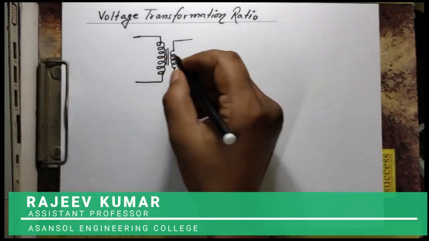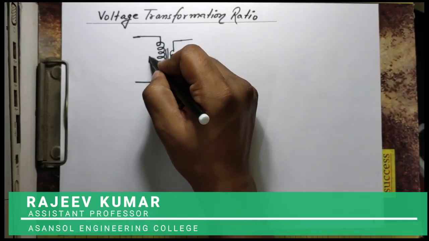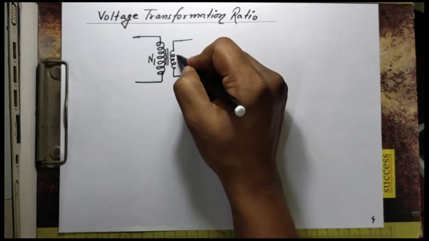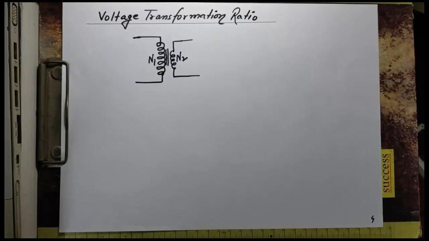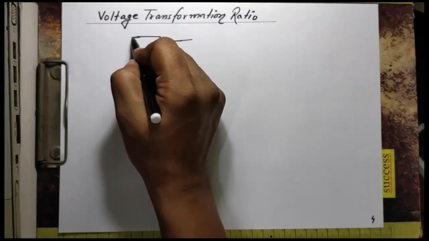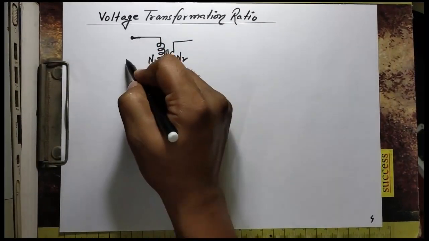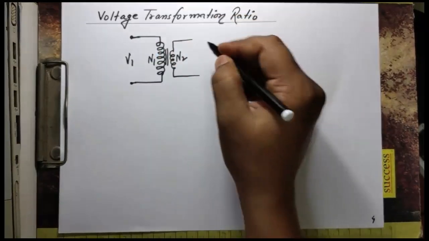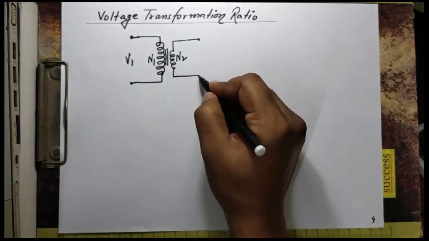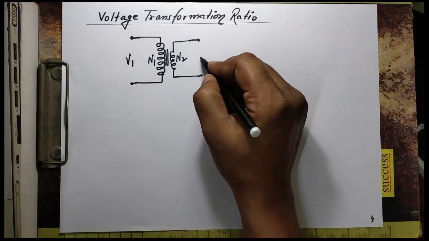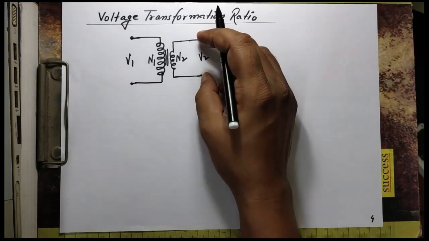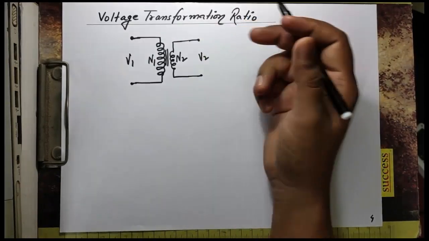Say the primary winding has N1 turns and the secondary winding has N2 turns. The voltage supplied here is V1, and the output voltage available for the load is V2.